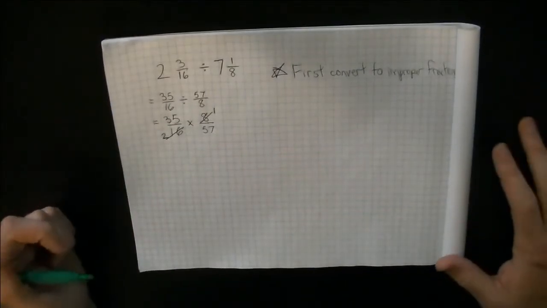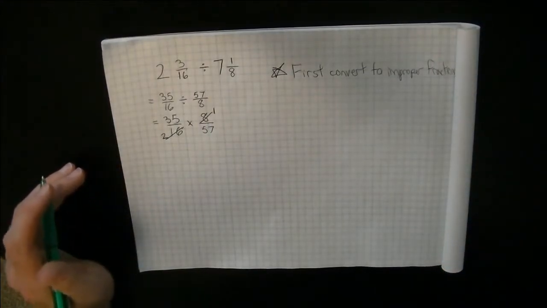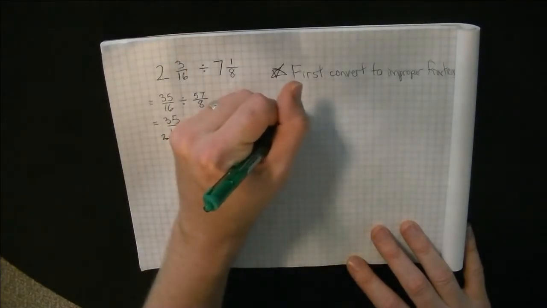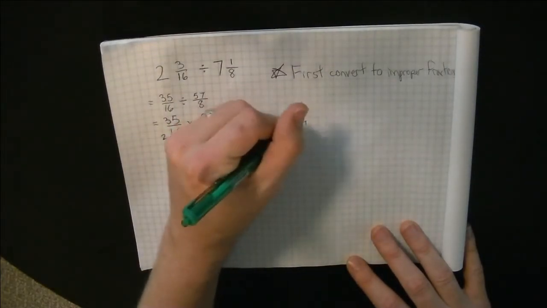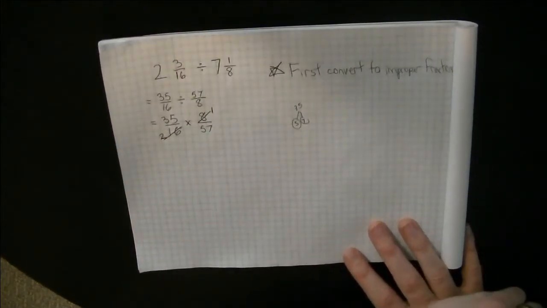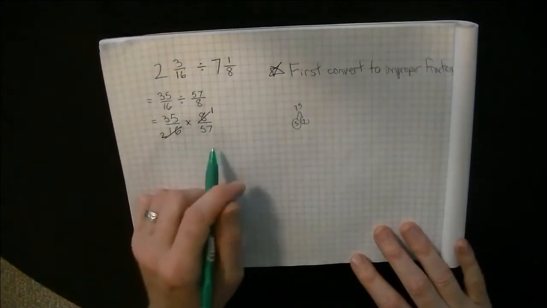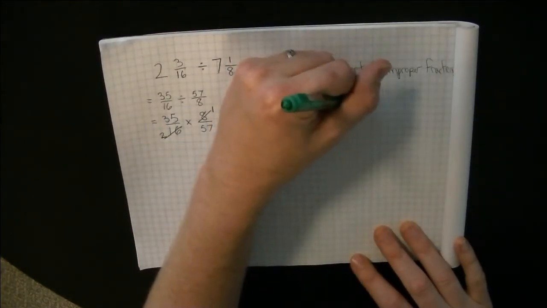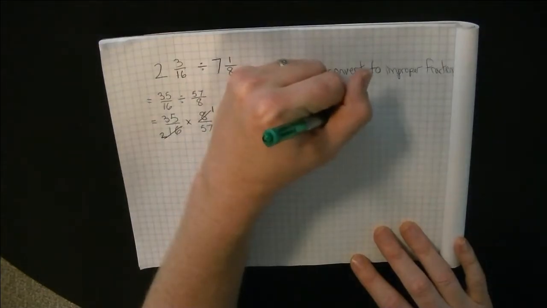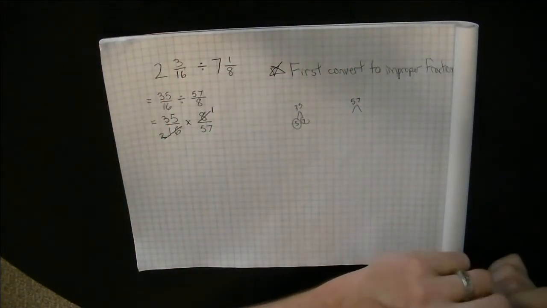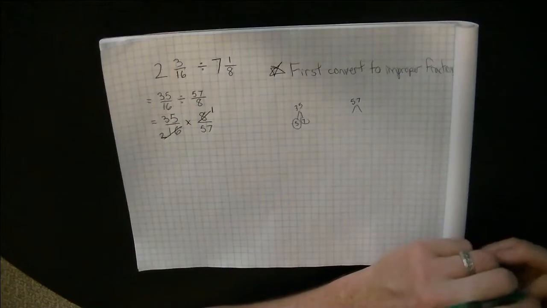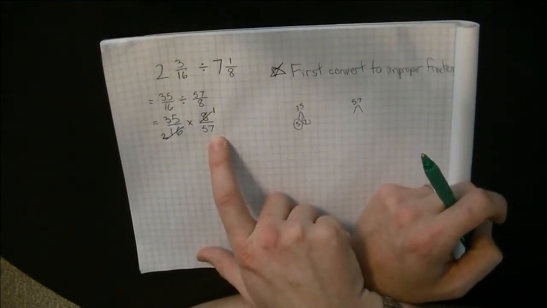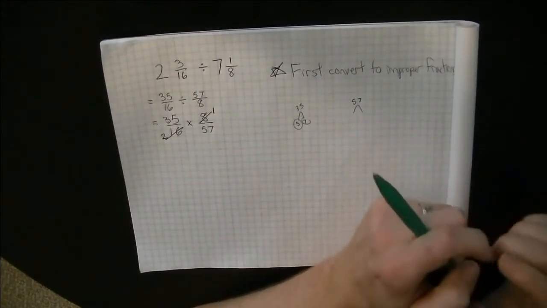Well, this is where that prime factoring comes in. What are the prime factors of 35? Well, 35 is 5 times 7. Does 5 or 7 go into 57? I don't think so, but what are the prime factors of 57? Well, 2 doesn't work. Does 3 work? Well, 5 plus 7 is 12, so 3 goes into 57.